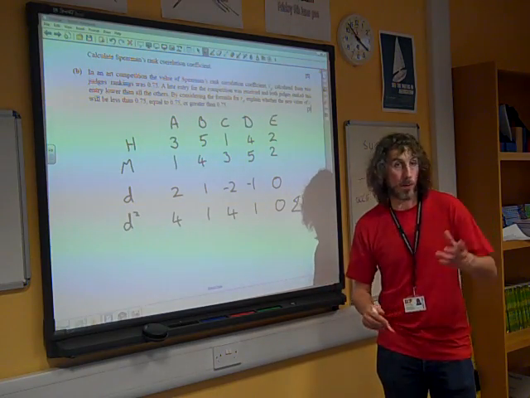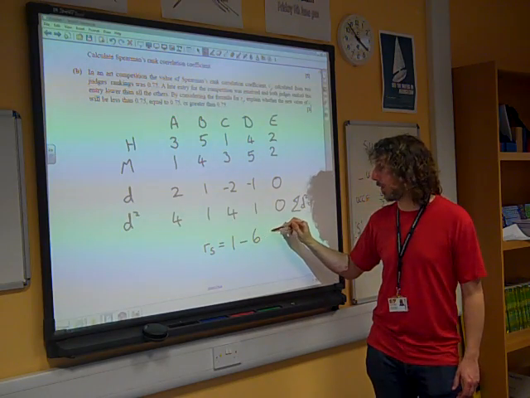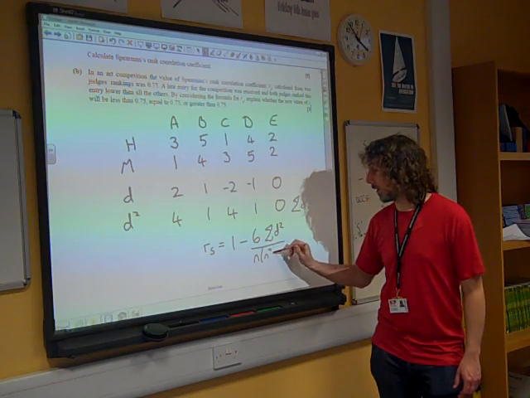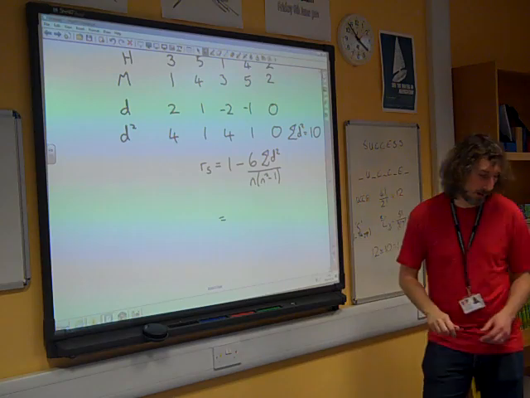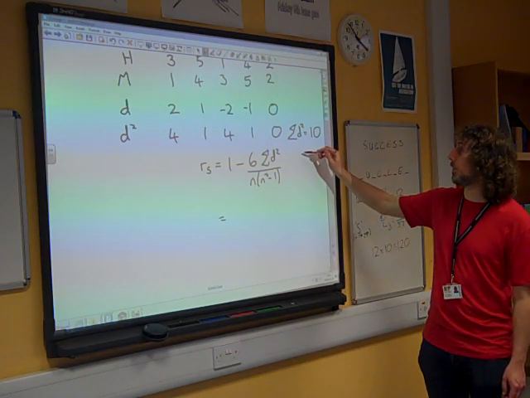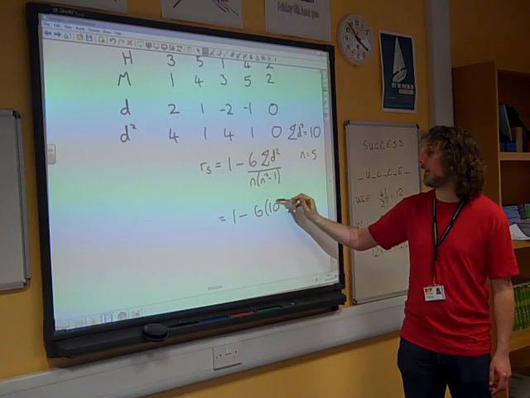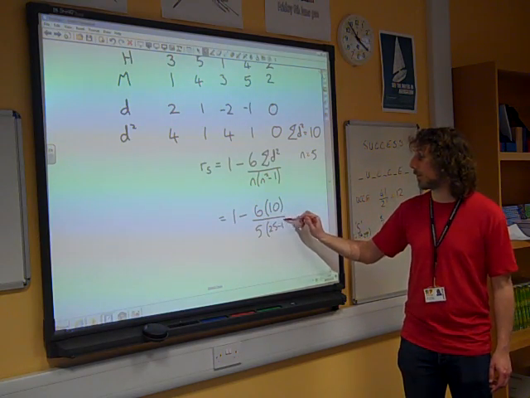Again, the formula is in the formula booklet, let's not mess it up by writing the formula down wrong. So it looks like that. We've got n is 5, isn't it? There were 5 numbers. So it's 1 minus 6 times 10 over 5 times 25 minus 1.